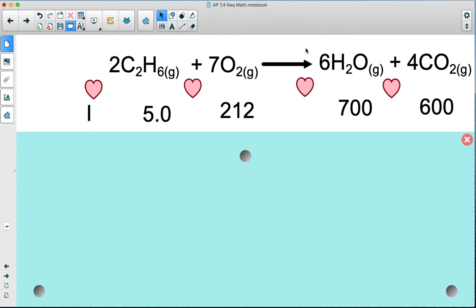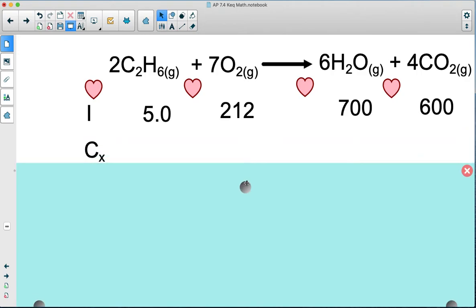So now we've got all of our proper coefficients and we've got our initial conditions. Let's go ahead and do a different line here. I'm going to say change in terms of x. This just means, what are the coefficients? For this it's going to be -2.